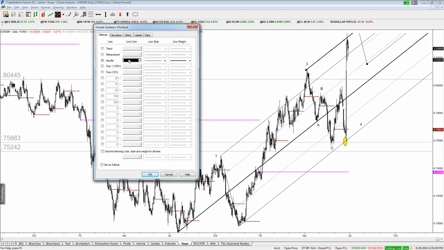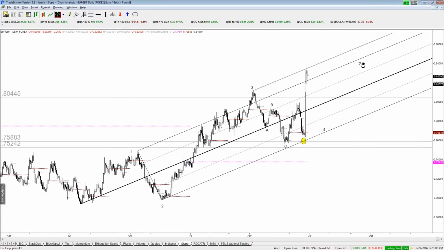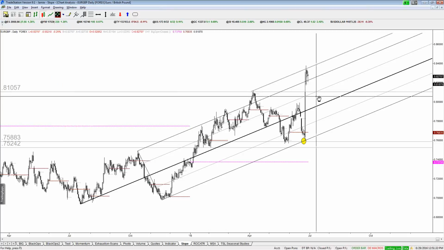So I can see euro pound trading lower from here. It's nice that people wanted to sell it right away and they got stopped out. You still have this gap, obviously open. So 81 would actually be a level to watch for support now.